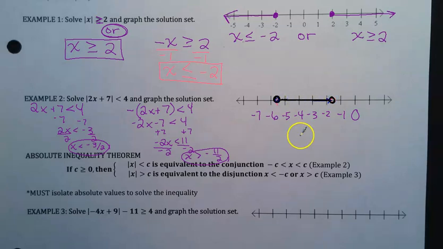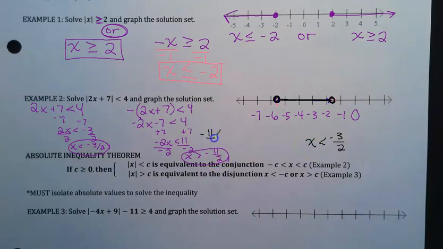It's a little hard to think about these if you put x in the middle. So x is less than negative 3/2. Okay, but x is also greater than negative 11/2, which means if we rewrote this, where x was in the middle, sometimes that's what we have to do.